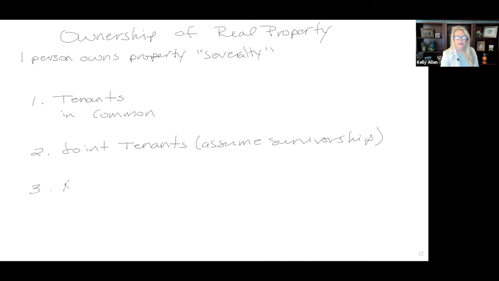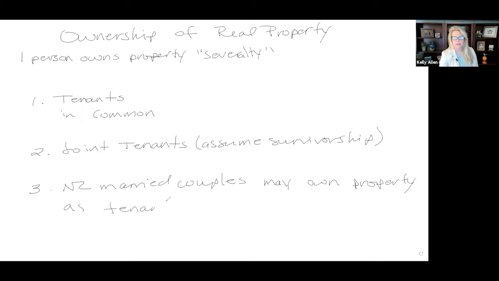And in NC, North Carolina, married couples may own property as tenants by the entirety. It is the default form of ownership. There it is. 3 ways.